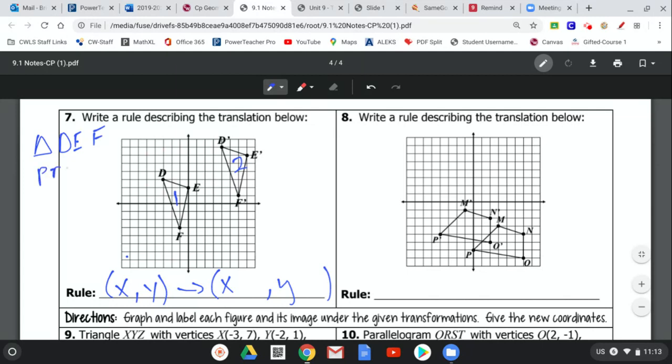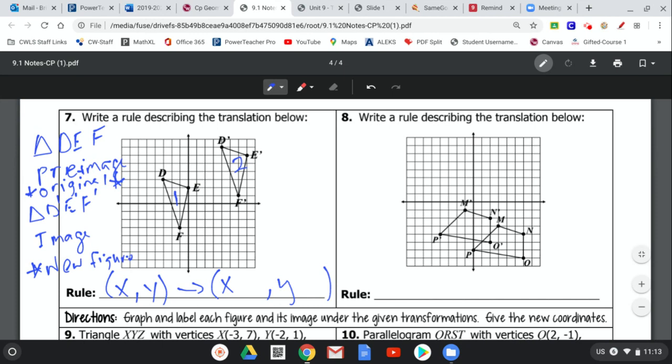That is the original image. And then triangle D prime, E prime, F prime, that is the image. So as long as you know where you're starting, this is the original right here. So we're going to start with the original, and this is going to be the new figure.